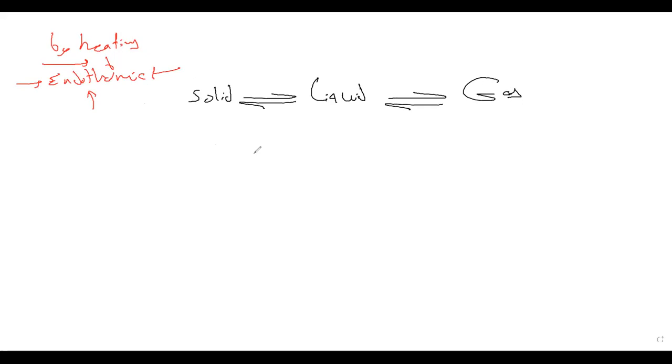Solid to liquid is called melting. Liquid to gas, evaporation. Gas to liquid, condensation. Liquid to solid, freezing. And then we have movement from solid to gas directly without passing through liquid: sublimation.